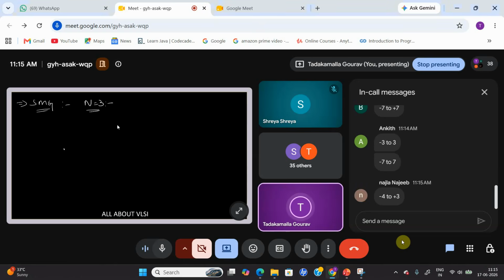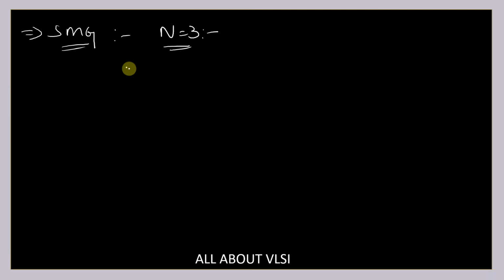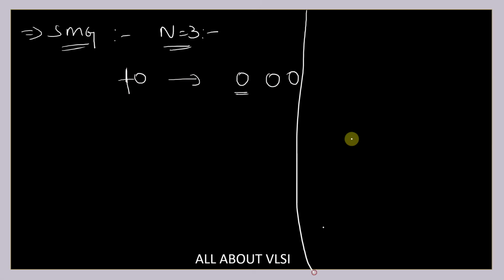Let's say I'm going to have plus 0. How to represent this? It is nothing but 000. The first bit is used to represent the plus sign. Okay. Then can I represent minus 0? Yes, you can: 1 followed by 00. This is my minus 0.